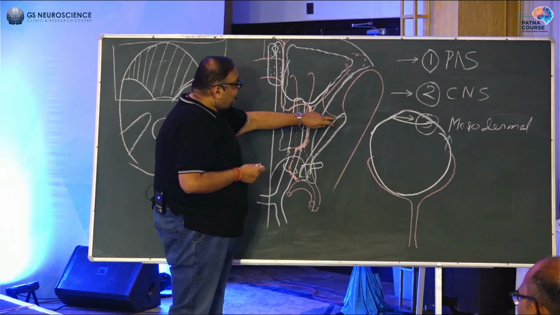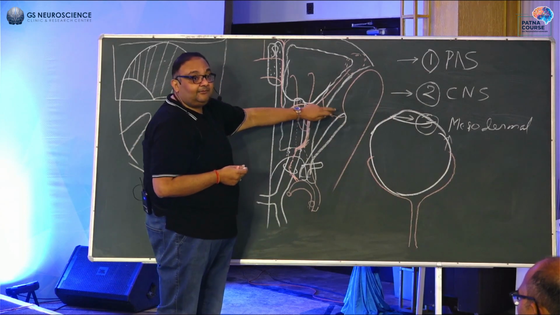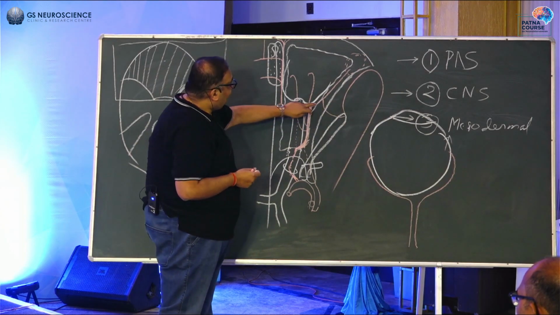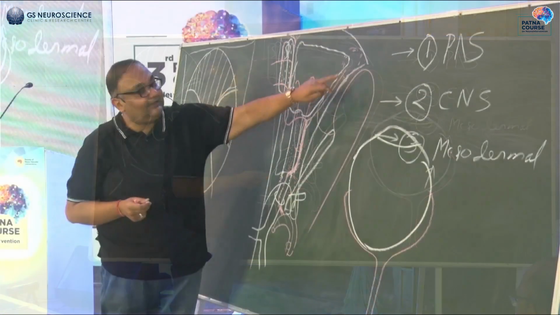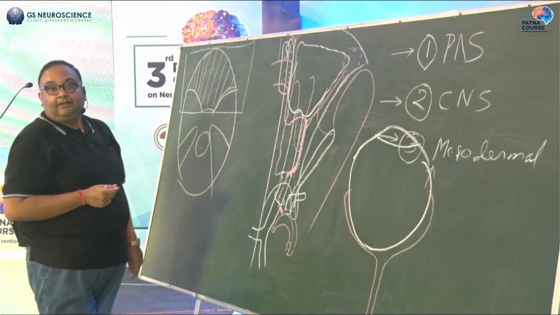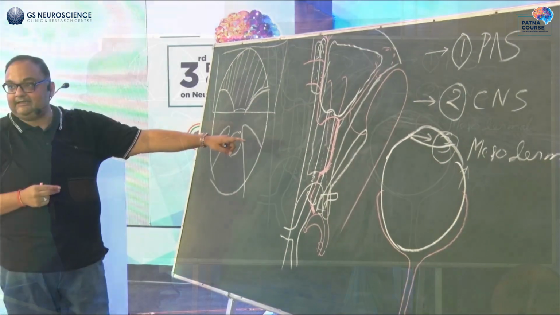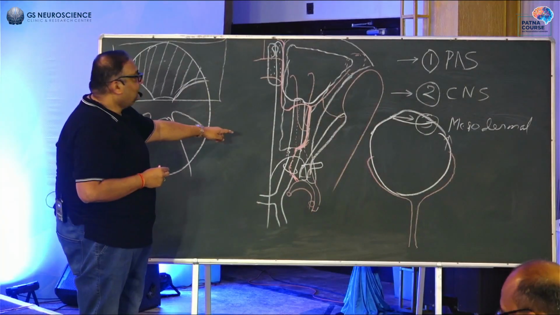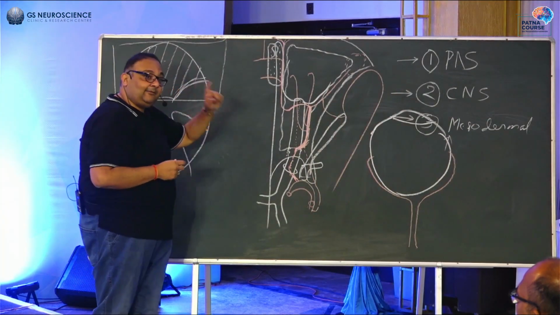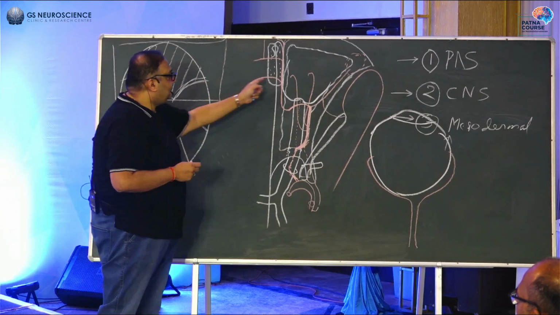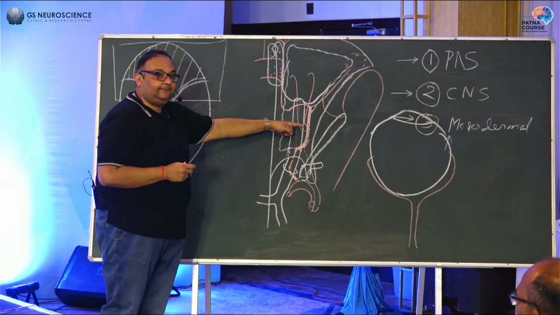This cannot explain the possibility how sometimes the ophthalmic artery can arise from the middle meningeal artery. This cannot explain the possibility in certain situations where the entire anterior cerebral artery can originate from the middle meningeal artery.